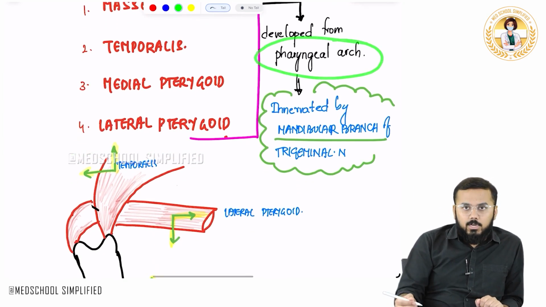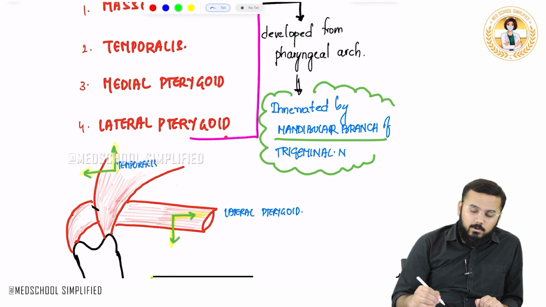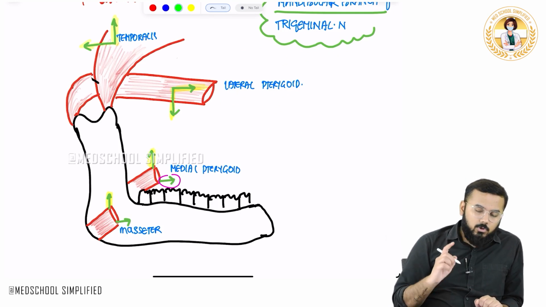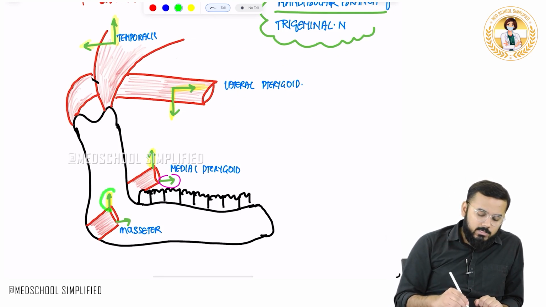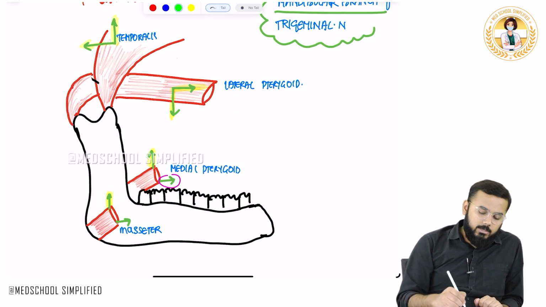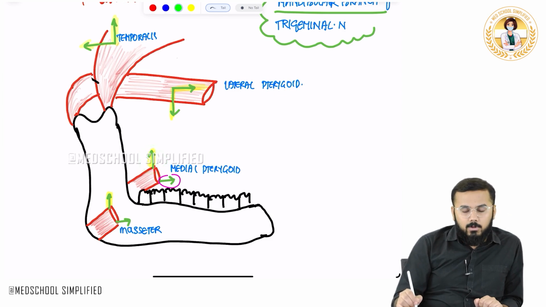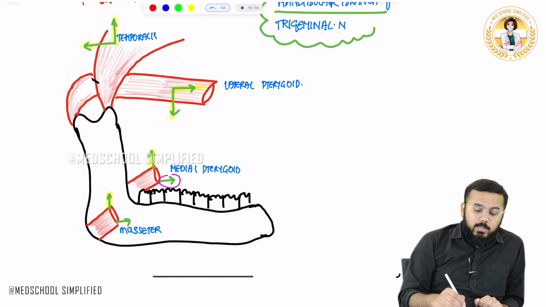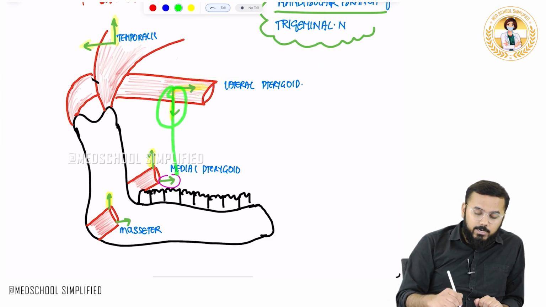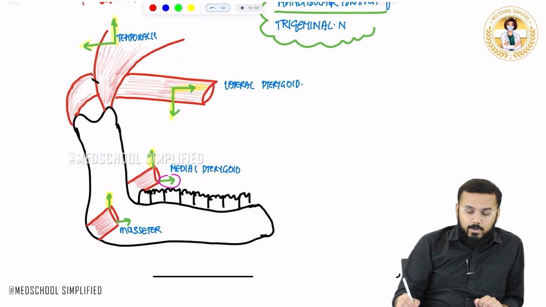They are developed from pharyngeal arch, and they have got only one nerve, that is mandibular branch of trigeminal nerve, right? So masseter has got one action mainly, that is called as elevation of the mandible. Medial pterygoid also has got the same action, that is elevation of the mandible. When it comes to lateral pterygoid, there is protraction, which means forward movement, and there is depression, which means the downward movement of the mandible.